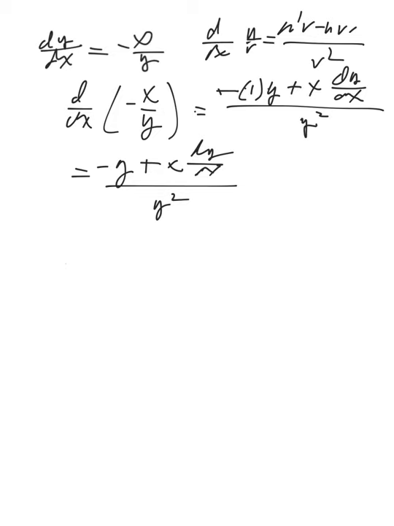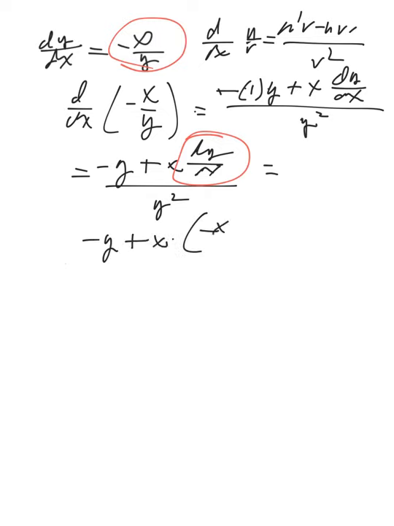Now this is the second derivative now, but they want it in terms of x and y. And we have this uncomfortable little thing there. But fortunately, we know what that's equal to in terms of x and y from up here. We already had the first derivative. So we're going to plug that in. Negative y plus x times negative x over y, squared.